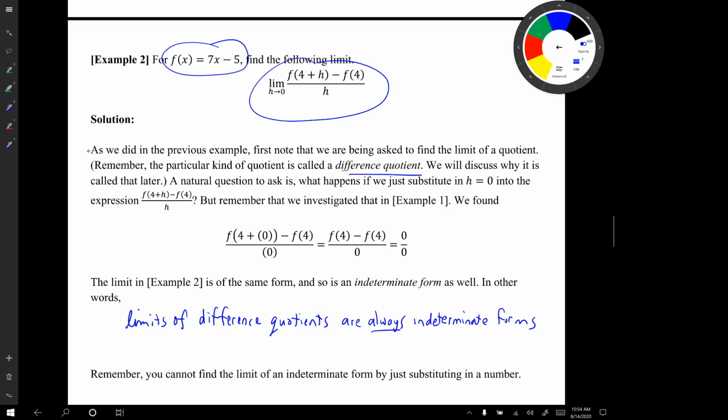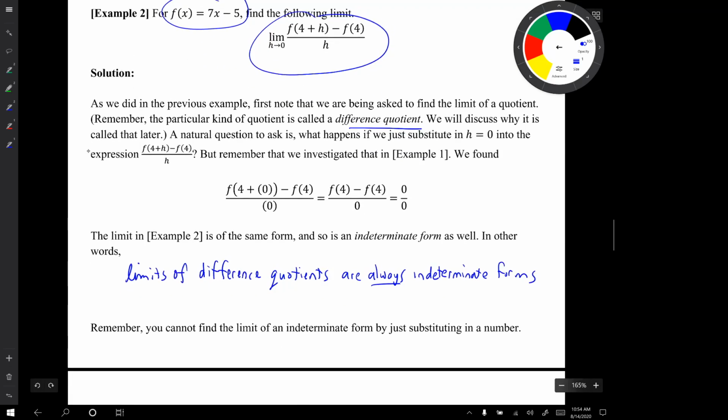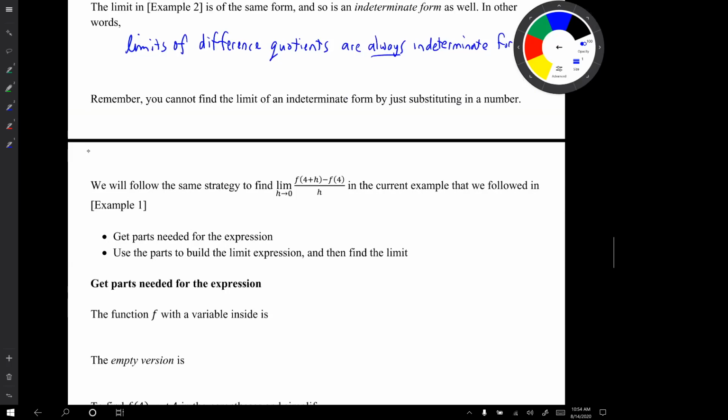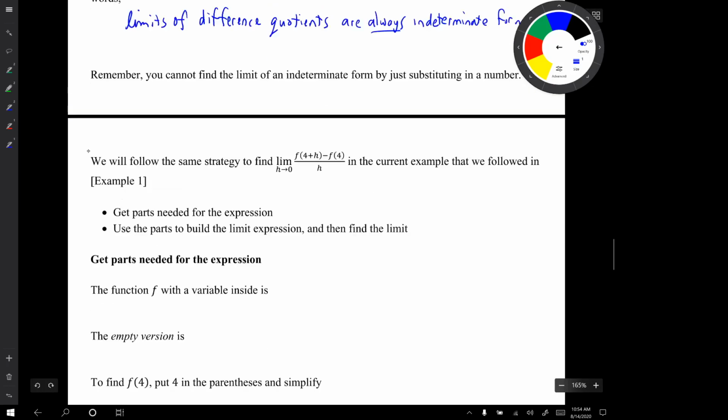So remember that you cannot find the limit of an indeterminate form by just substituting in a number. You would just get 0 over 0. So remember what we did in the previous example. We're going to do that in this example as well. We're going to get the parts needed to build this expression, and then we're going to build that expression and find the limit. So let's do that.